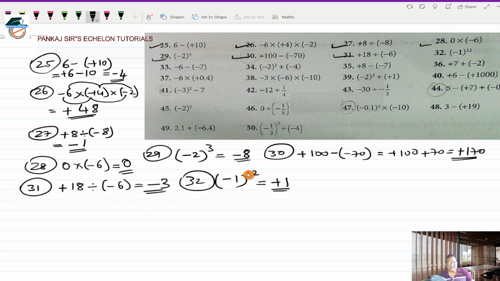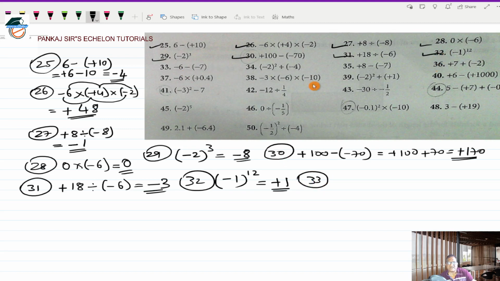This is an even number, so the answer will be plus 1. That was the answer for 32. Now this happens only for minus 1, not in the case of minus 2. If it is minus 1 raised to any even number, the answer will be plus 1. Minus 1 raised to any odd number, the answer will be minus 1. That was 32.